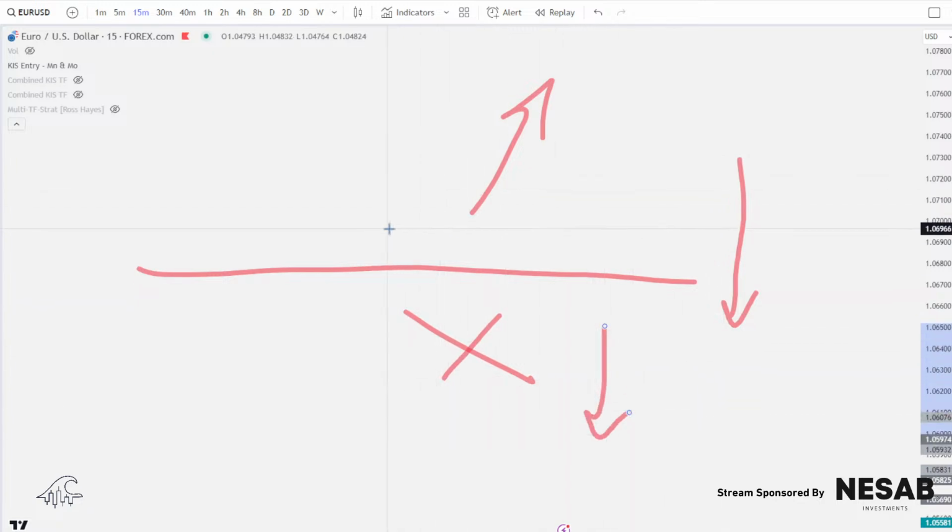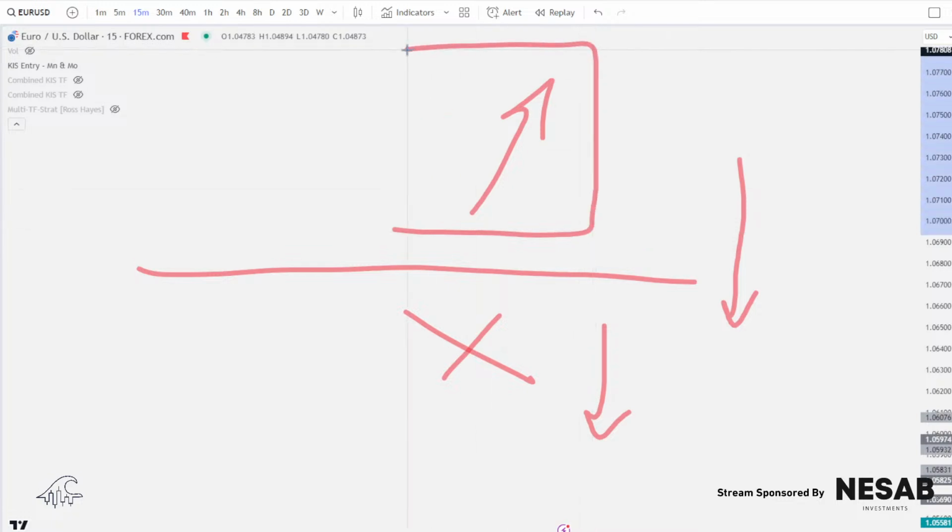If your bias of DXY going up is the only thing that defines your bias of X going down, then 100% I agree with it.